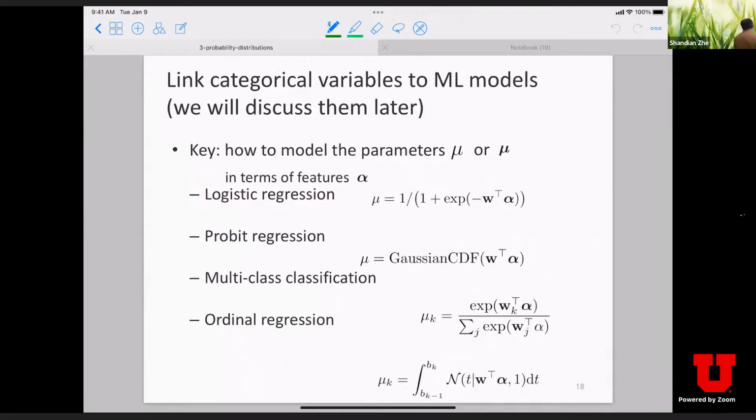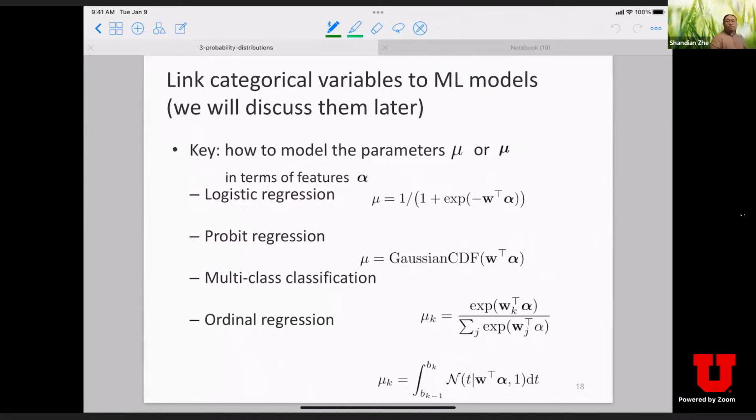So now we want to briefly mention how this categorical distribution is leveraged in probabilistic modeling of general machine learning. As we mentioned, categorical distributions or binary variable distributions are often used to classify things. I want to classify what type of image according to the pixel values of the image, or I want to classify the topics of a document according to the words.